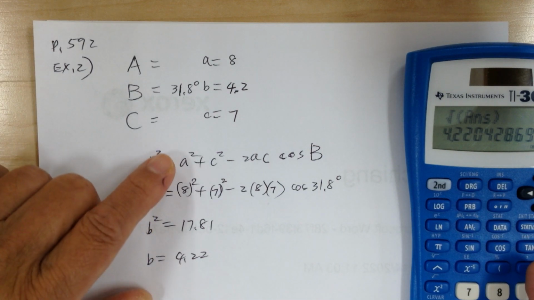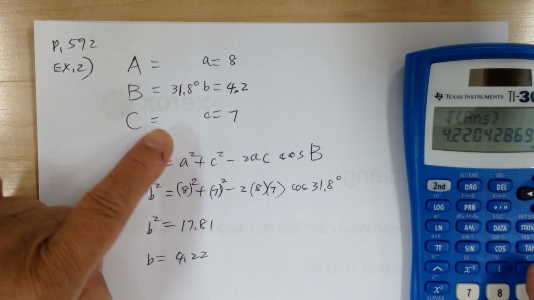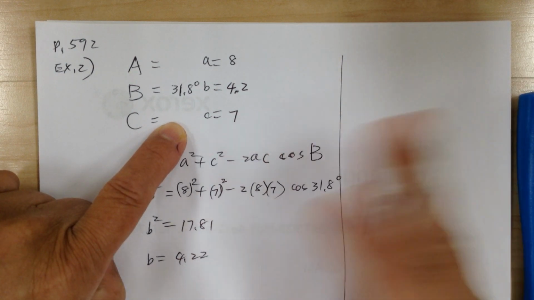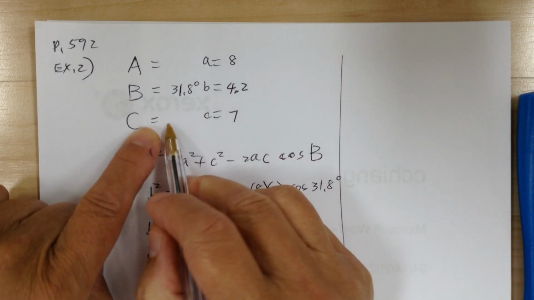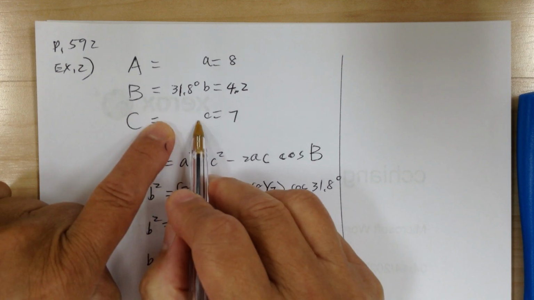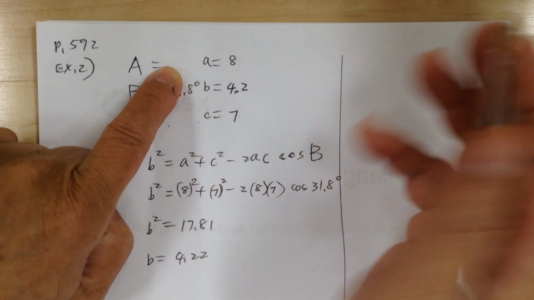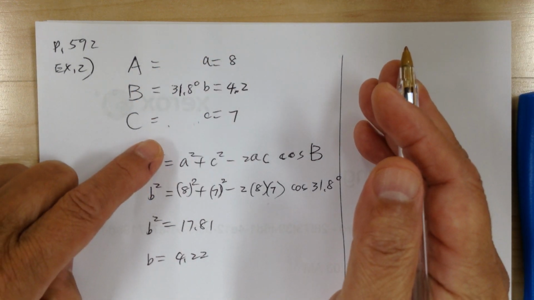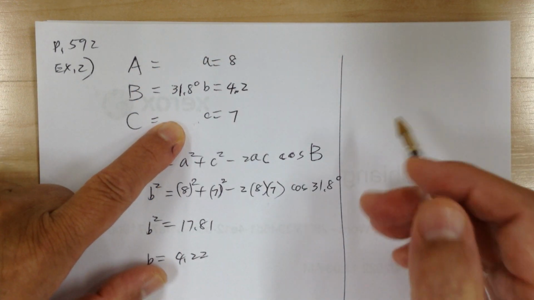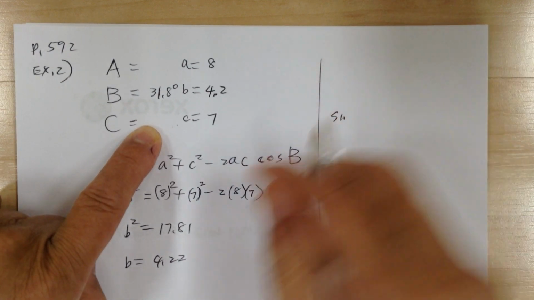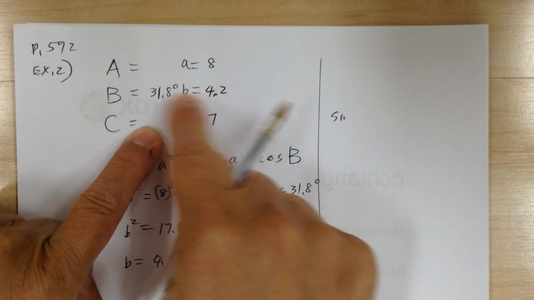Next, we're going to use law of sine to find the angle. So I'm going to use the C version, because that way I don't have to worry about the second case, right? Because C is not the biggest angle, so whatever you get is whatever you get. If you find the angle A, you might have to think about 2 cases. So this is going to figure out the angle C. The reason you want to do that is because now you have 2 of the same letters, right?